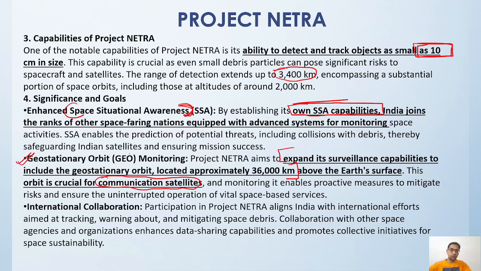So we have to further enhance our capabilities to monitor at this level, because if any space debris or junk hits our communication satellite, it may be very disastrous for our country, as it may hurt the whole communication in our country. So there is a need to extend the capabilities of project Netra so that we are able to track up to 36,000 kilometers, where normally all our satellites in geostationary orbits are kept.